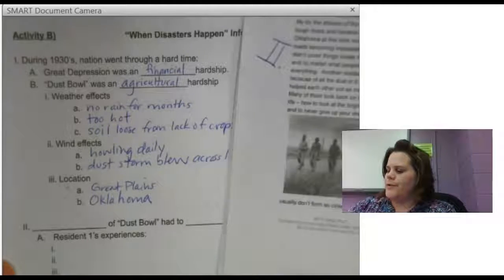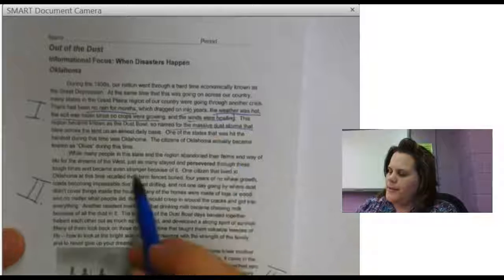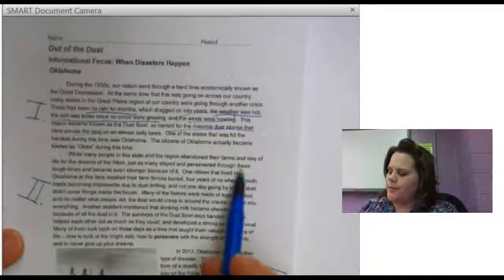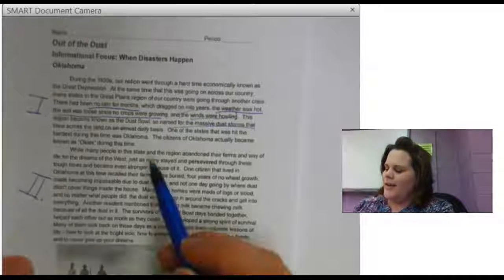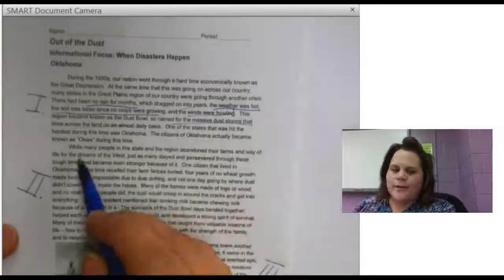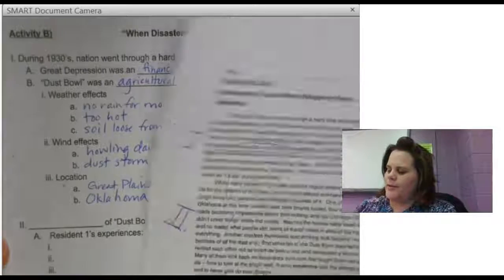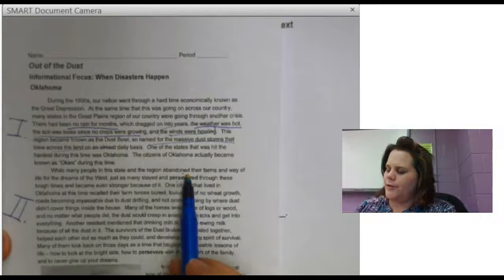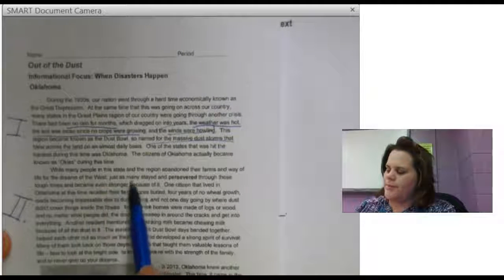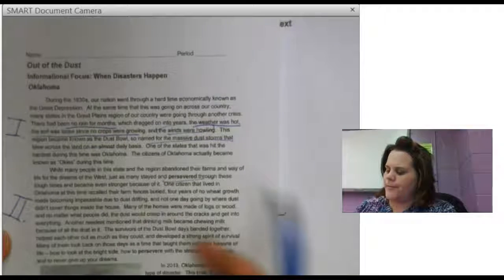So look at paragraph 2. While many people in the state and the region abandoned their farms and way of life. Okay, sorry. We're looking for something about residents because I'm telling you this whole thing is basically about the residents. So, while many people in the state abandoned their farms and way of life, just as many stayed and persevered through the tough times and became even stronger.